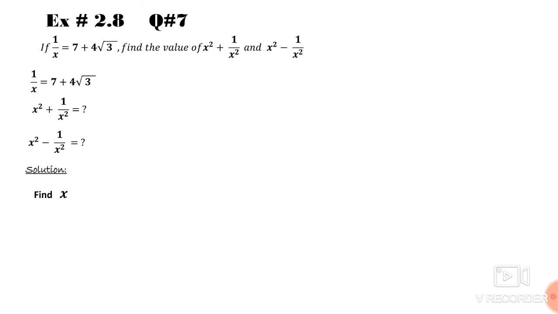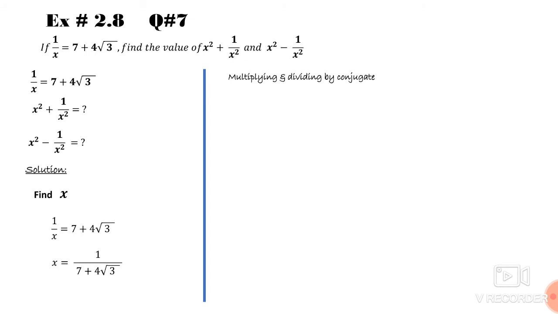To find x, 1 upon x is given to us, we will take its reciprocal. 1 upon x will become x, and 7 plus 4 root 3 will become 1 upon 7 plus 4 root 3. This is our x. Again, we can see that we have a radical sign in the denominator. It means we have to rationalize it. To rationalize it, we will multiply and divide by the conjugate.